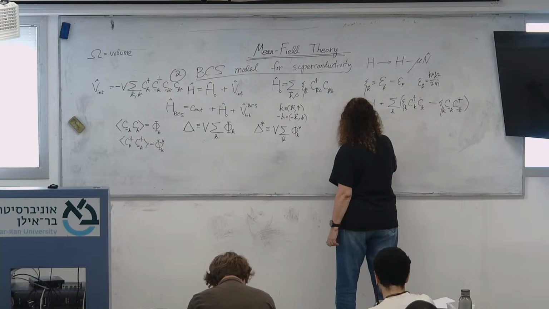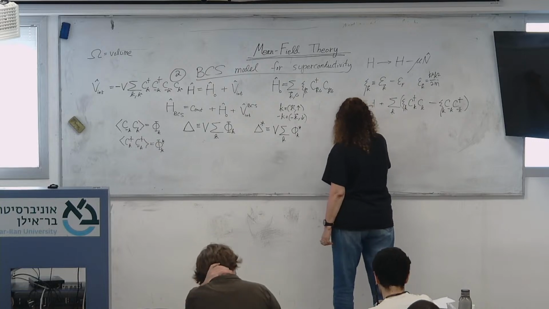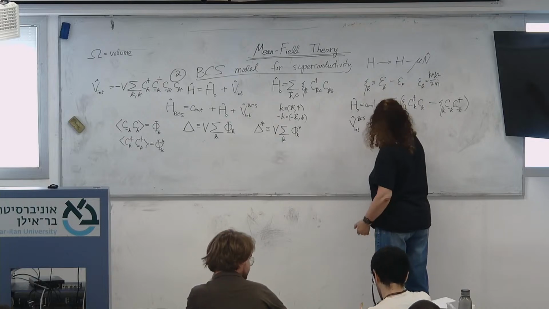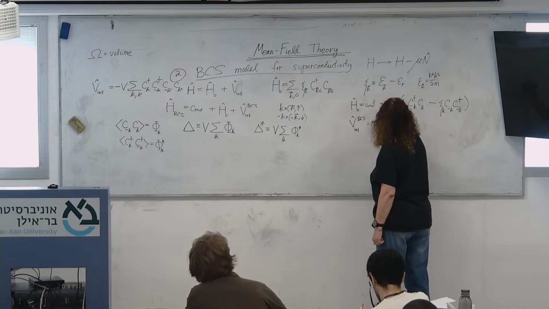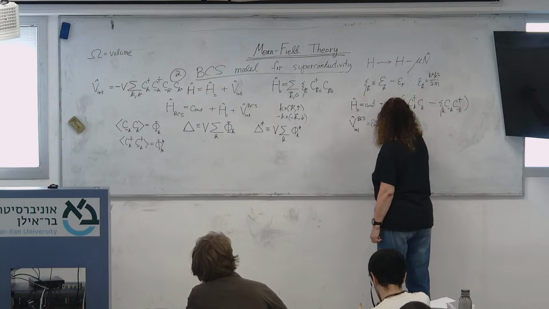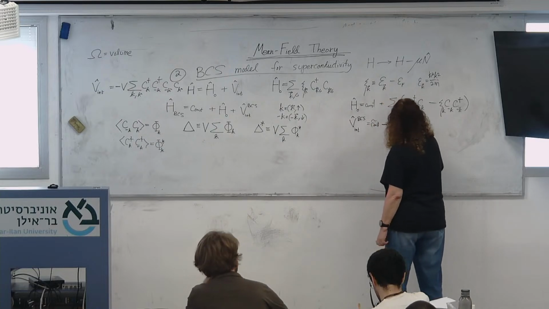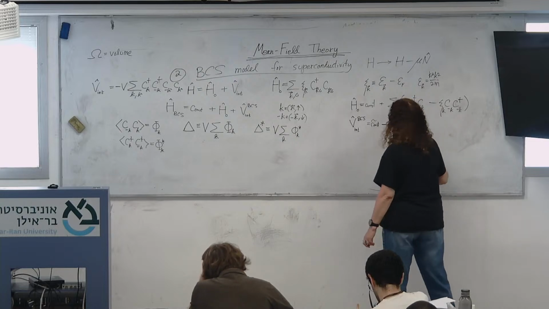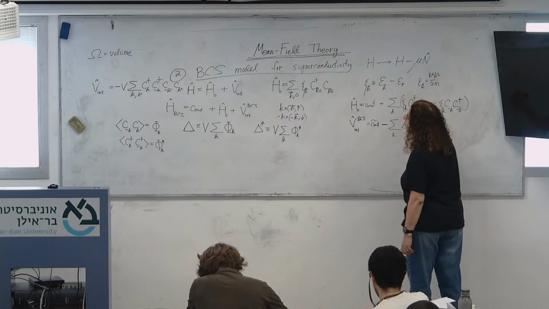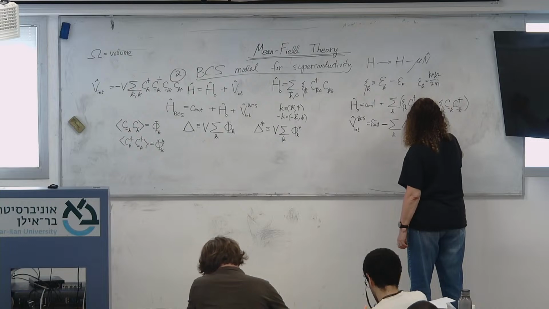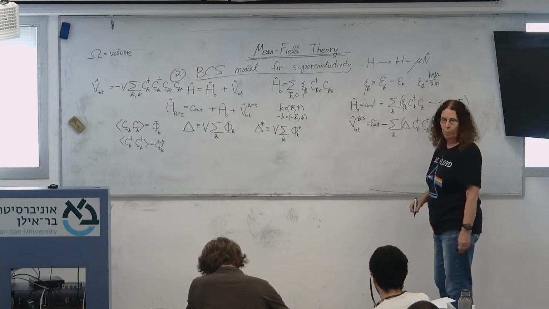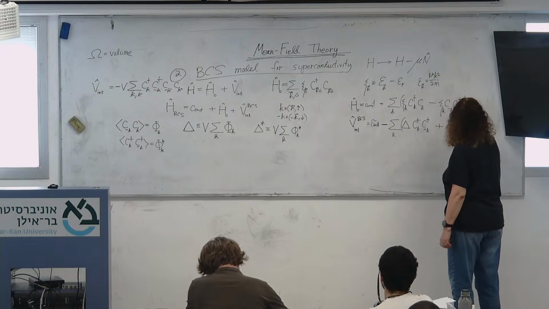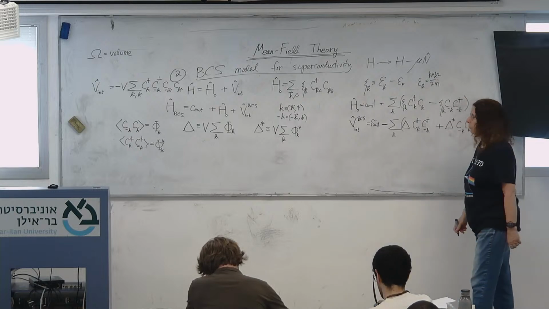I get an expression for the interaction, and now it is in a BCS approximation, so that's already a mean field result, and if you like, there is another constant here, plus, or let me write it like this, it's a minus, sum over k of delta, let me just be careful with the notation, C_k C_{-k} dagger, plus its Hermitian conjugate, which is delta star C_{-k} C_k. Okay?